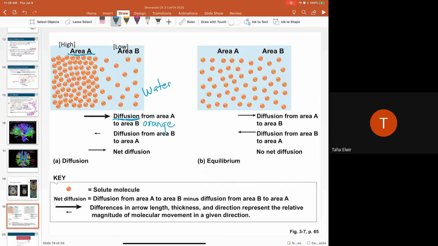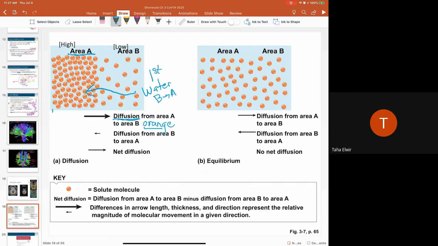Diffusion is from A to B for the orange particles, but water, and water moves first, it's from B to A. So when I give you a problem, always think water first.